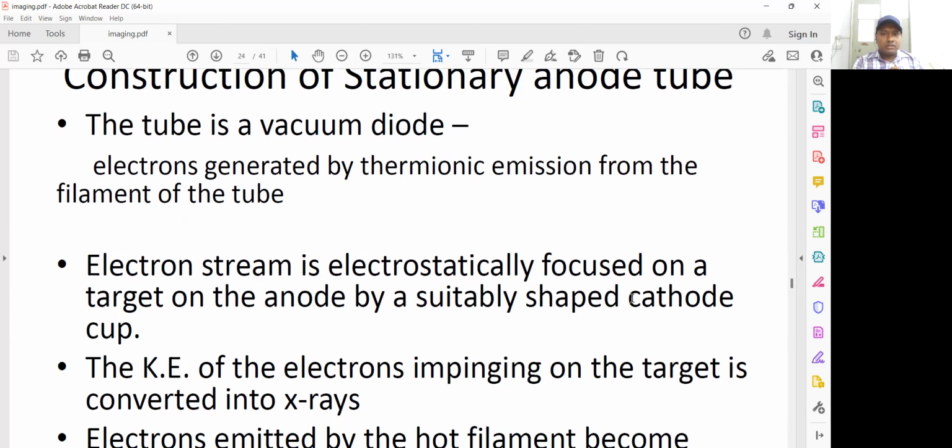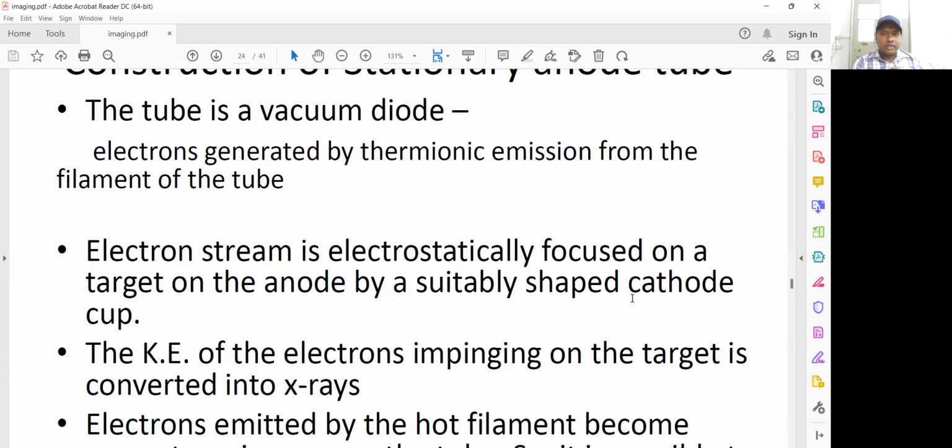The electron stream is electrostatically focused on the target on the anode by a suitably shaped cathode cup. Suitably shaped means that the generated electron stream will be focused on the anode.